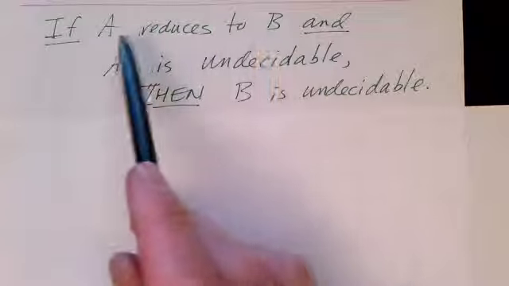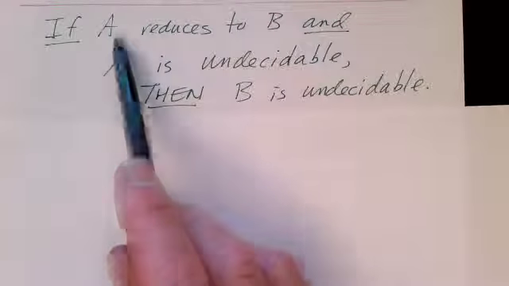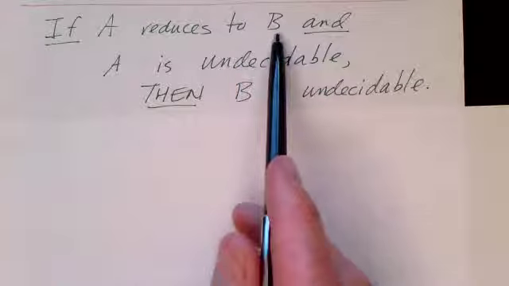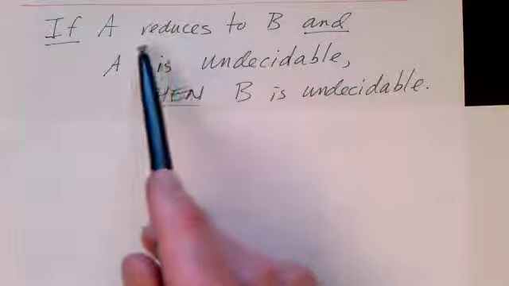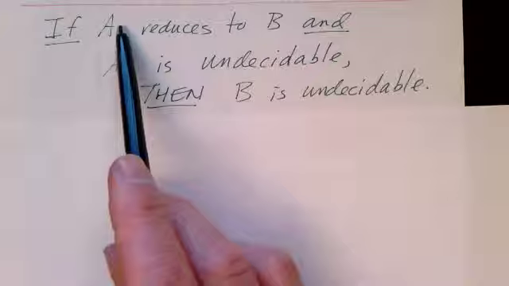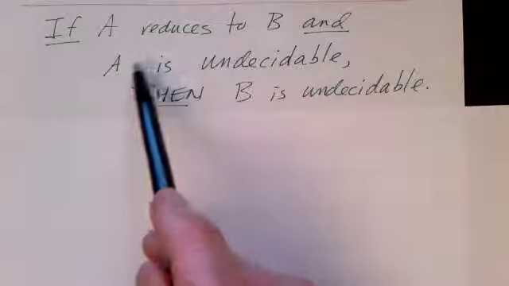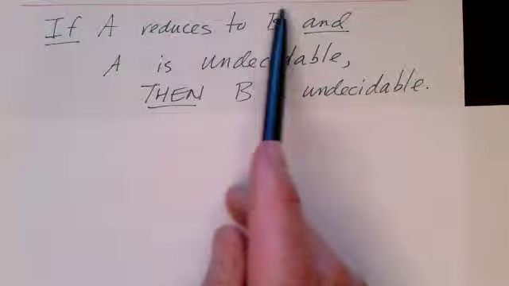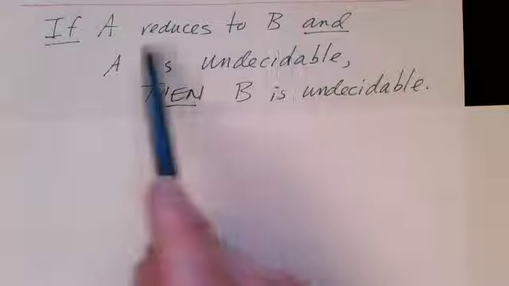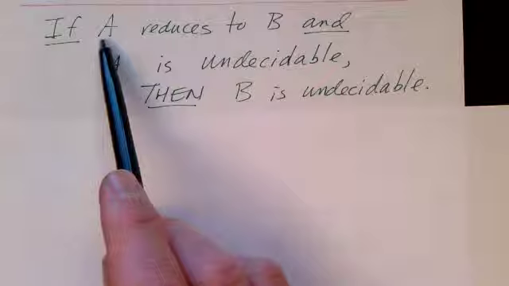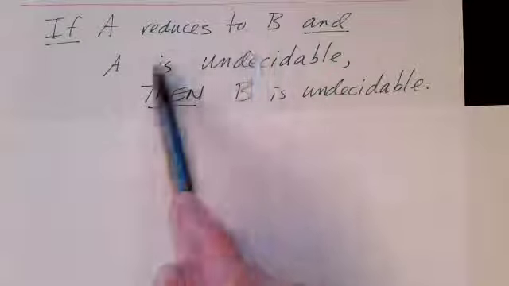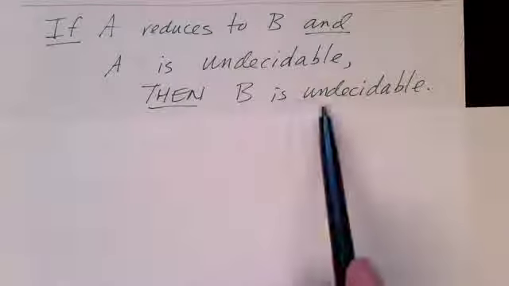And we reduce the acceptance problem to the emptiness problem. If we can find that reduction, then we can conclude that the emptiness problem is undecidable because the acceptance problem is undecidable. So if A reduces to B and A is undecidable, then language B is also undecidable.